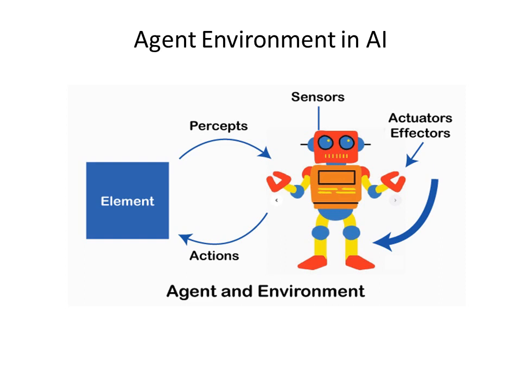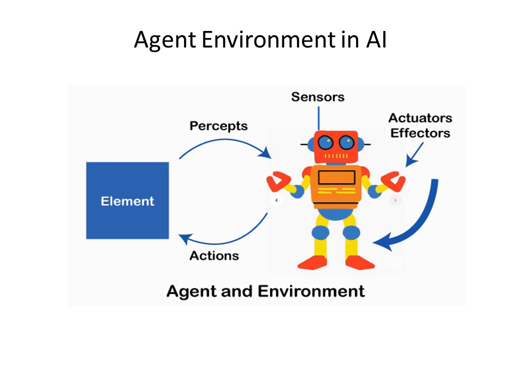So first, one element is there. Then the percepts: from that environment you are going to perceive something, and with respect to that percept, your sensors and actuators are going to perform the specific action for that element. Here, all the background of that particular robot is your environment, and you have some element in that environment.